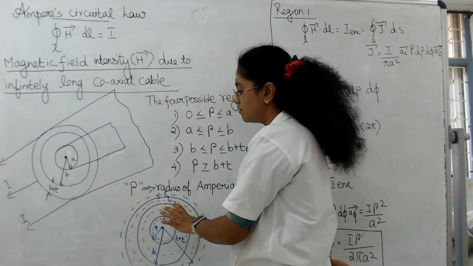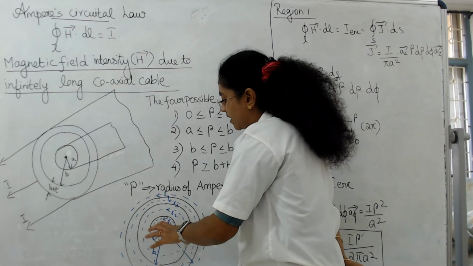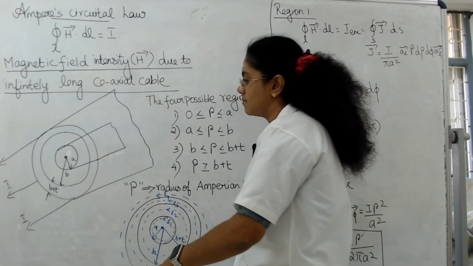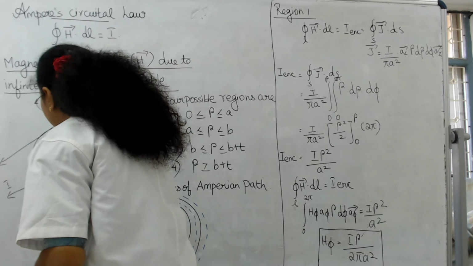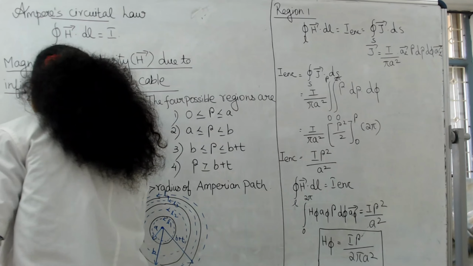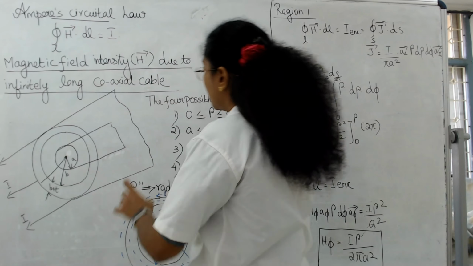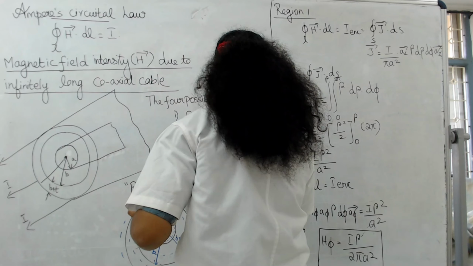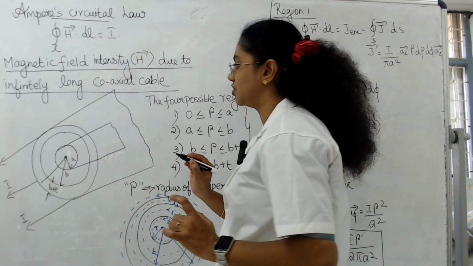What you have to remember here is that the direction of current entering the cable is opposite to the direction of the current leaving the cable. Consider this is the direction of the current entering the cable and this is the direction of the current coming out of your coaxial cable. For easy derivation, we divide the coaxial cable into 4 regions.